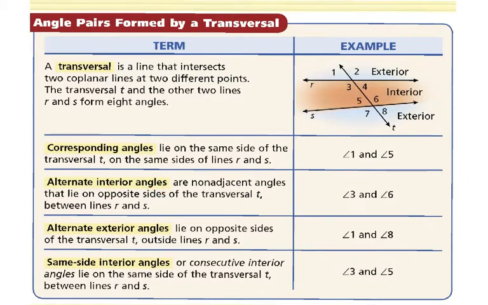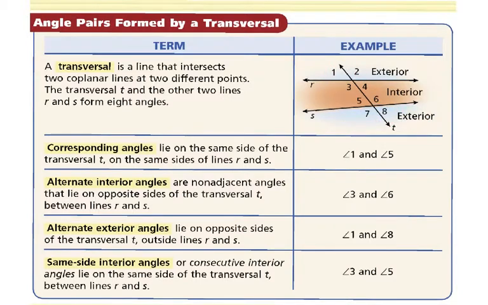Now let's look at alternate interior angles. These angles lie on opposite sides of the transversal line, and they're on the interior, or in between your 2 lines. I have labeled here that this is the interior, and this right here is the exterior.